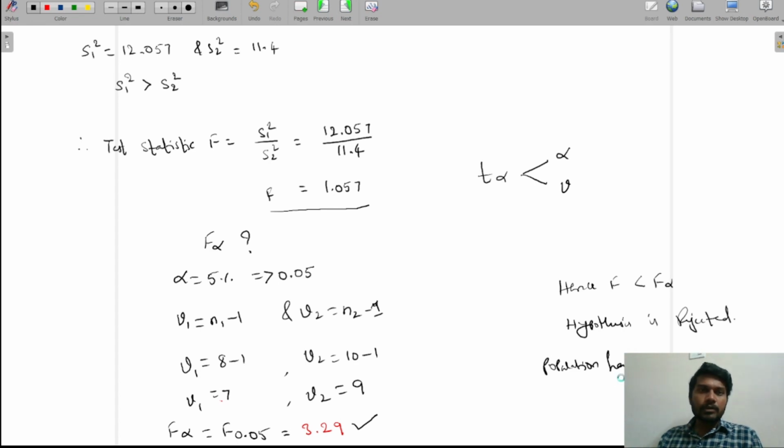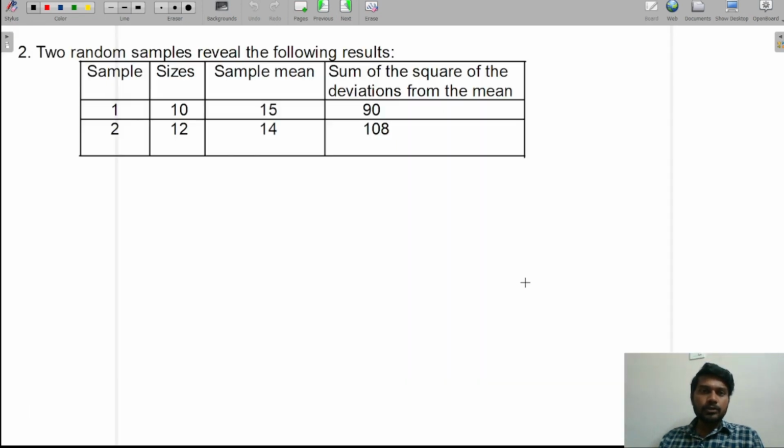So I'm giving you one practice question. See, two random samples reveal the following results. Sample 1, sample 2. Sample size n1 equal to 10, n2 equal to 12. Sample mean x bar equal to 15, y bar equal to 14.